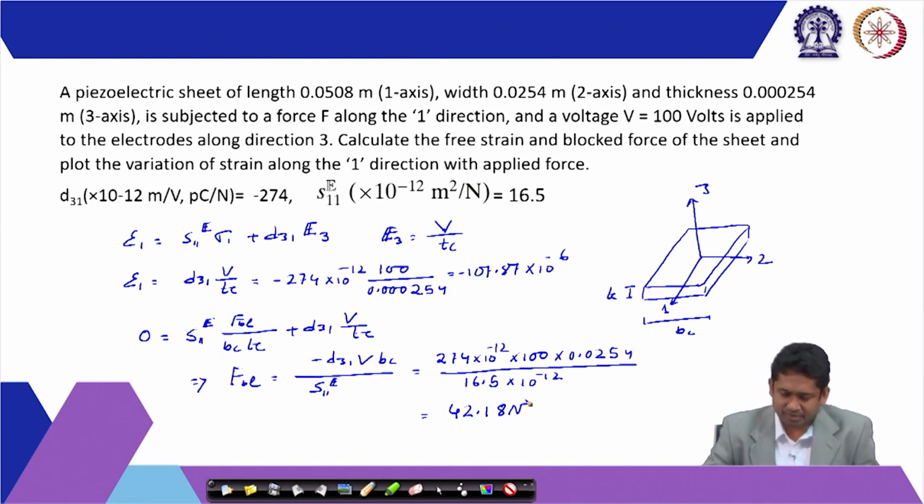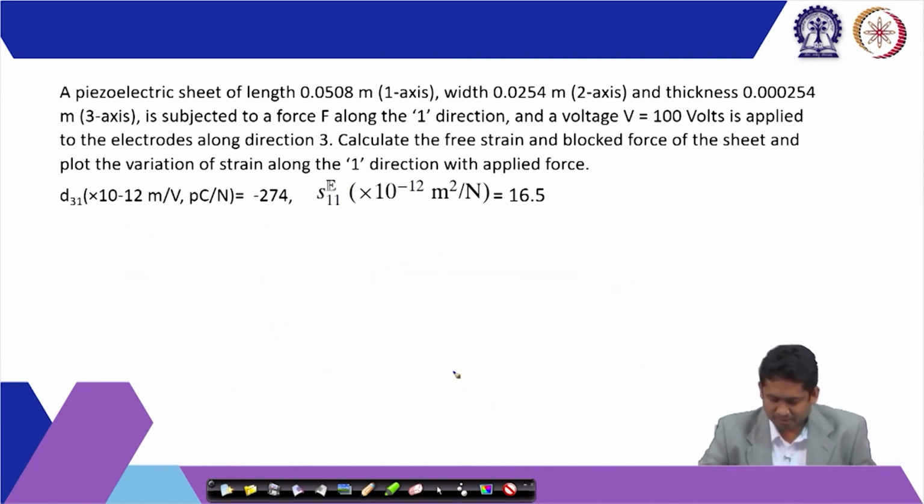So, we know the free strain. So, this is our free strain. We can denote this as epsilon P. So, these are free strain, these are block force. With that we can draw a diagram of force versus strain.